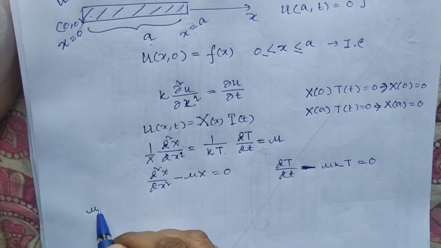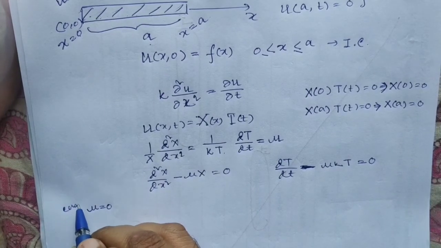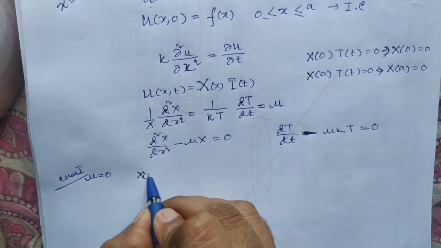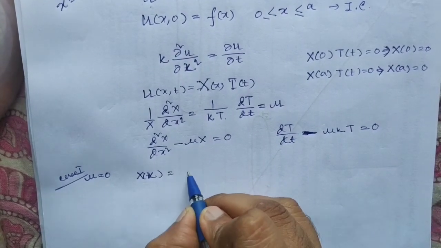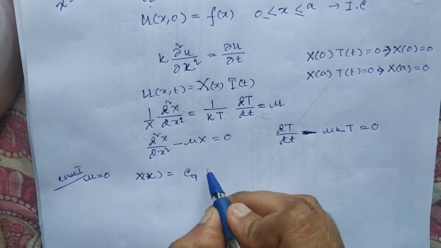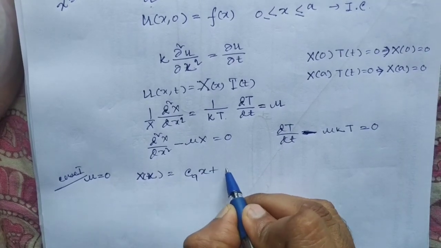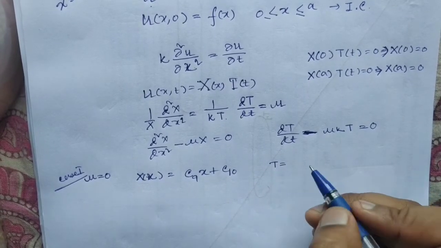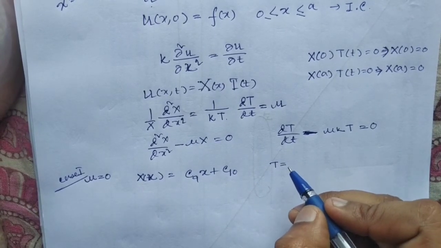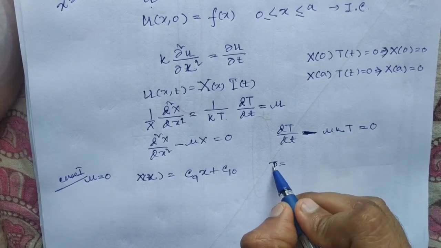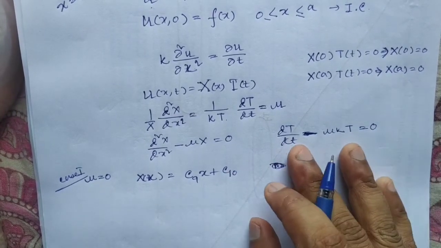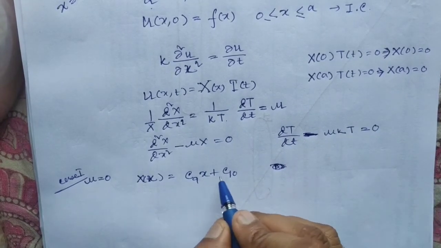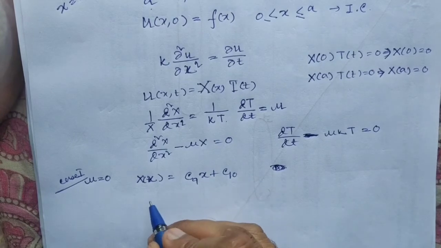We take mu equal to 0, case 1. Mu equal to 0 leads us to X equal to C9 x plus C10, and T we know is something like e to the power mu kt, etc. For this problem, this is enough to study.